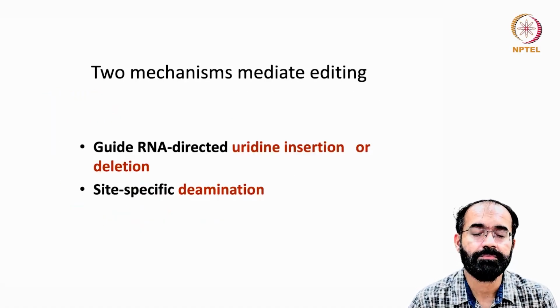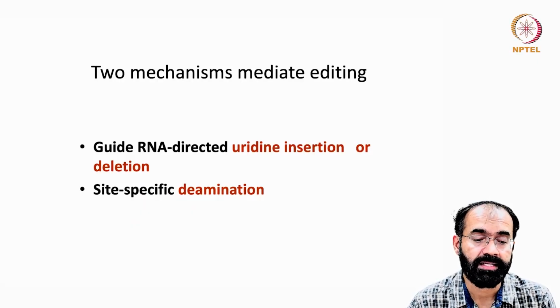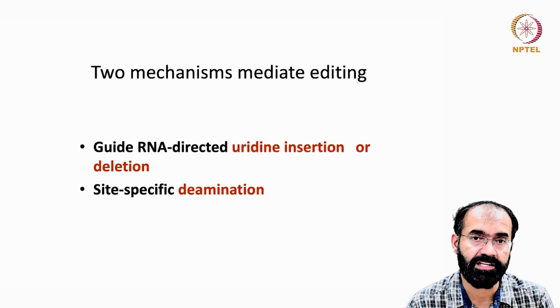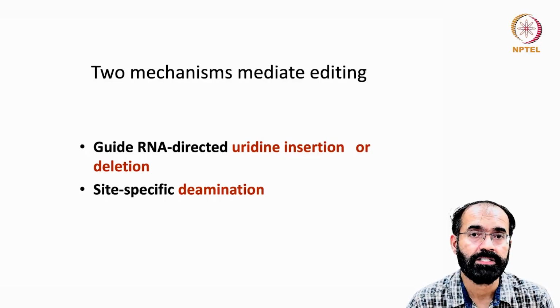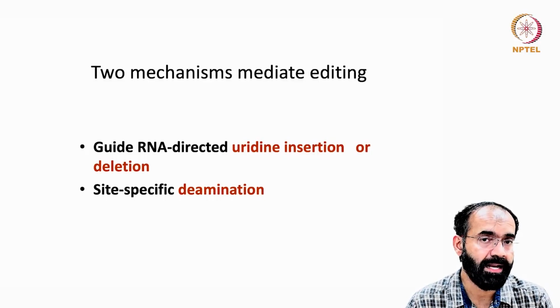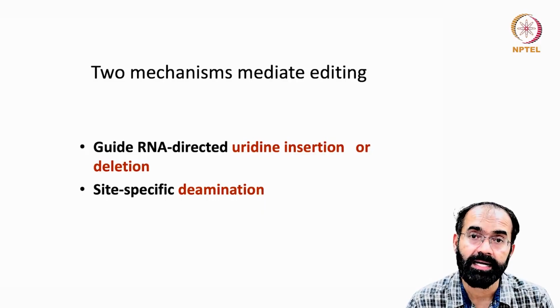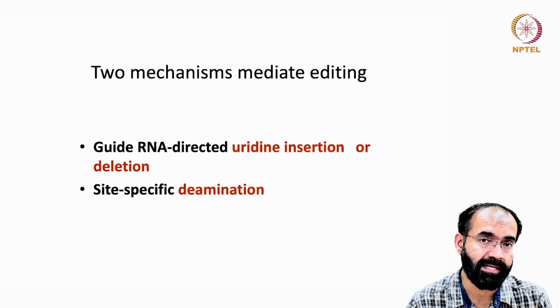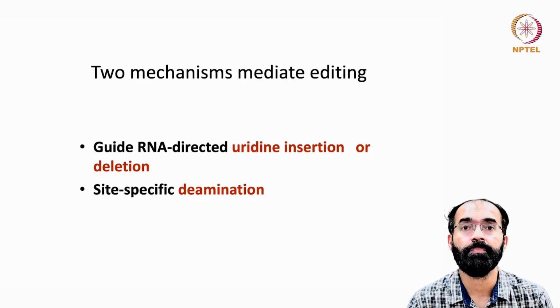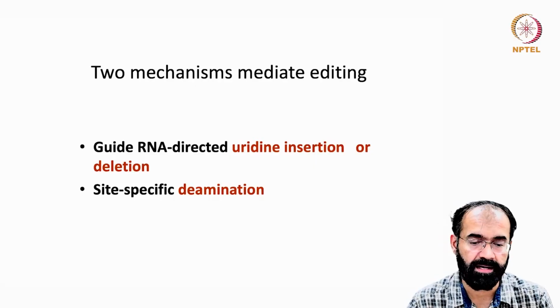So two mechanisms mediate the editing. One is guide RNA directed uridine insertion or deletion. Like we saw, in editing the existing number of bases is unaffected; now we are talking about the number of bases in an RNA being affected. Guide RNAs are a group of RNAs that direct certain proteins or enzymes to specific loci, either in the genome or in another RNA molecule, and uridine bases can be selectively added or removed.